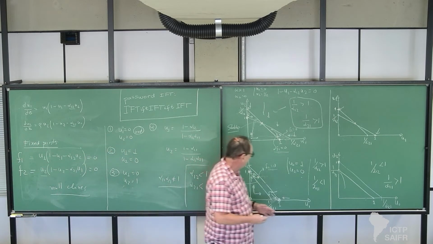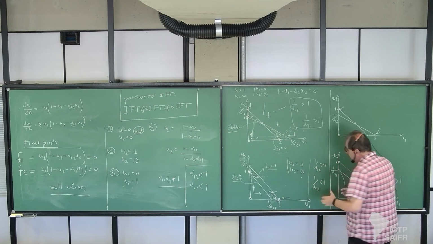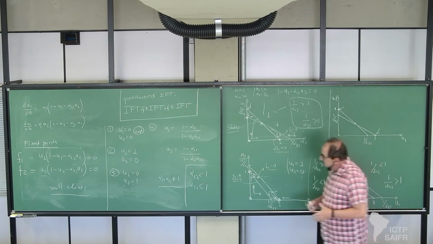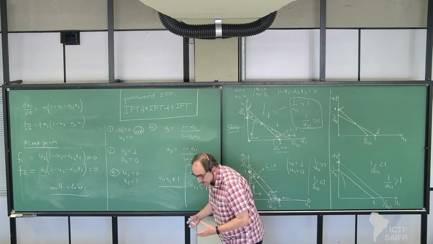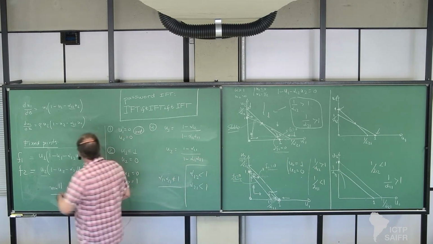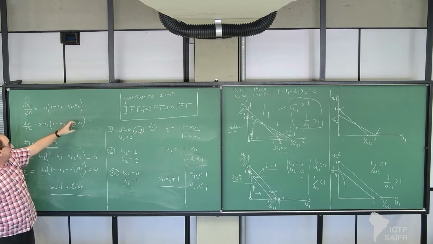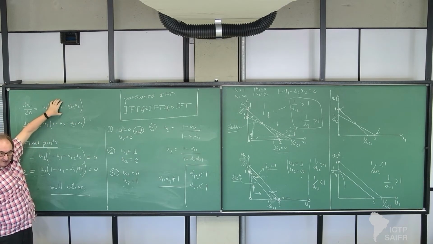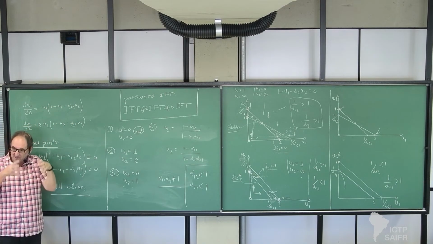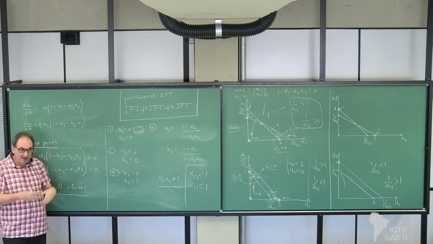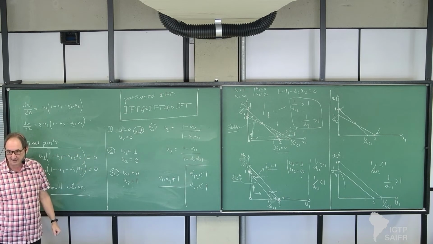And then you can have coexistence. If not, if one of them is larger than 1, then the effect is stronger than the effect of the population on itself, and then you have this kind of elimination. Okay?